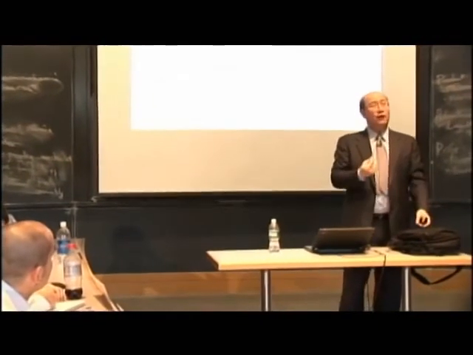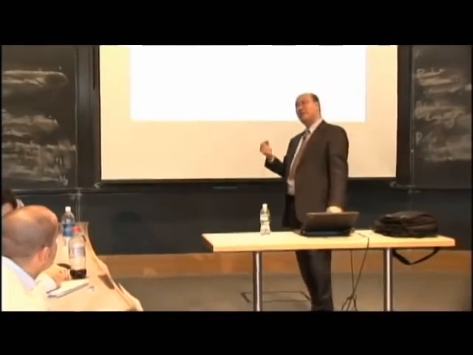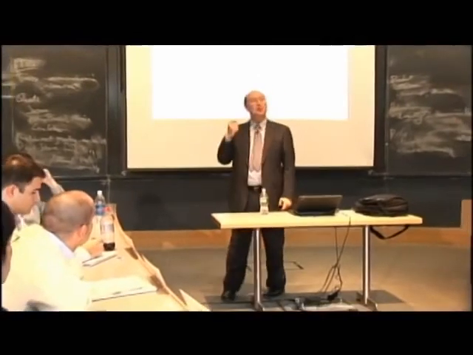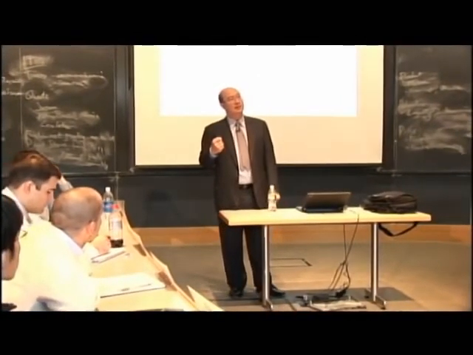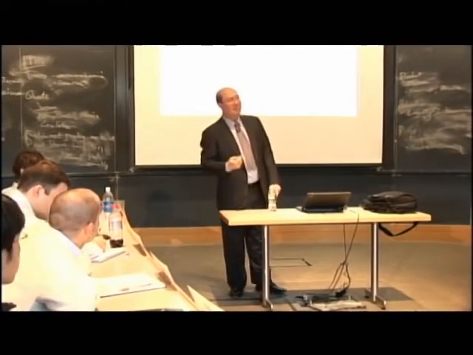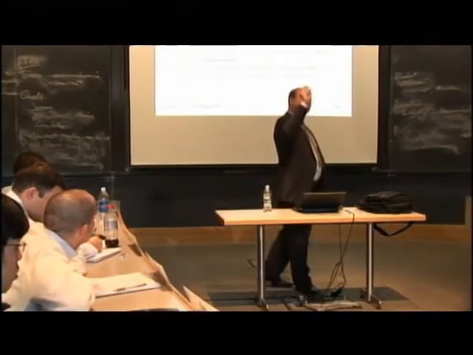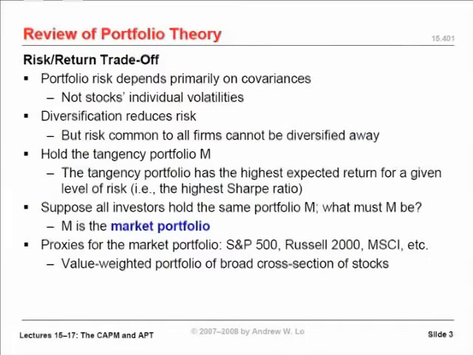Okay, so therefore, I could, in principle, construct a mutual fund called M. This mutual fund holds stocks in exact proportion to the weights given by that tangency portfolio. In other words, it is the tangency portfolio.